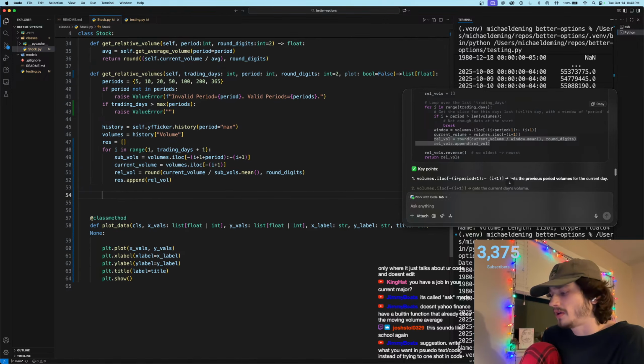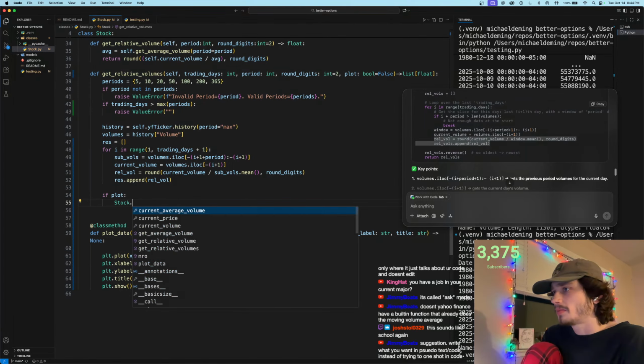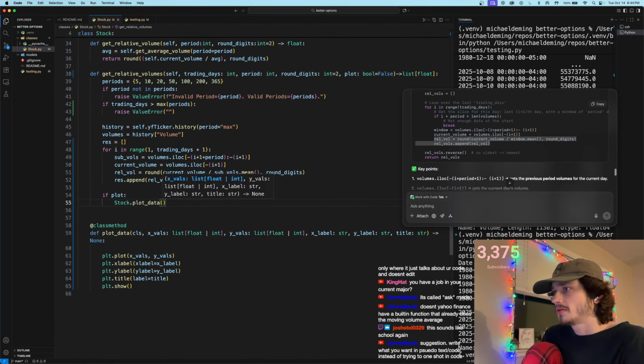And then we're going to say if plot, stock dot plot data, given x values is the length of the result, or trading days, really.